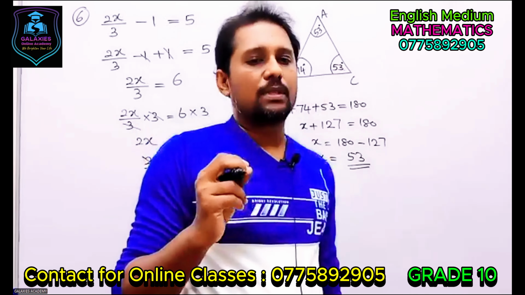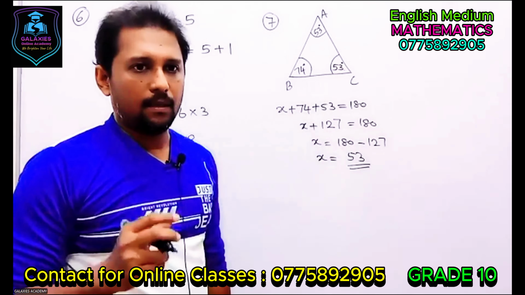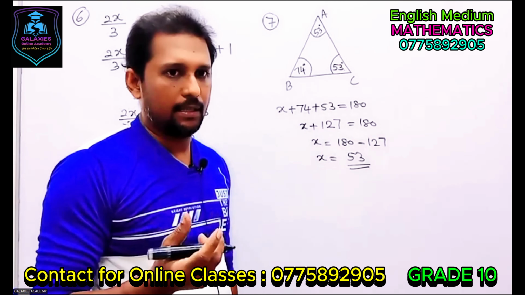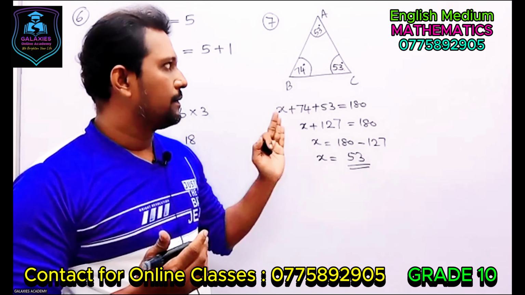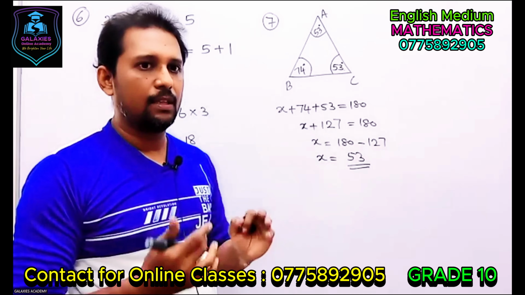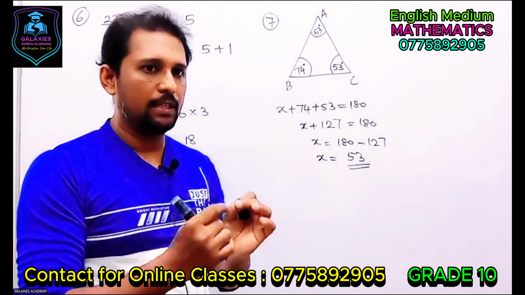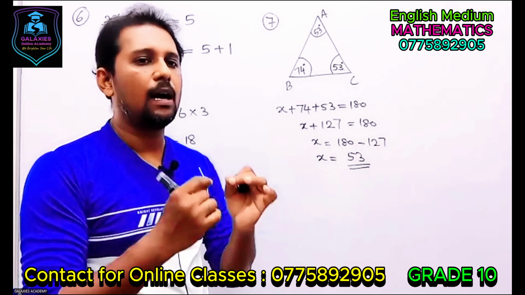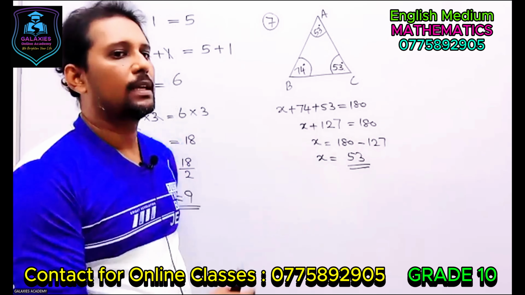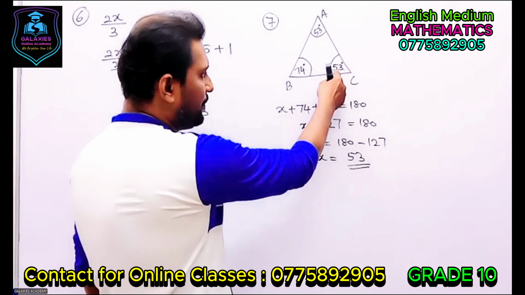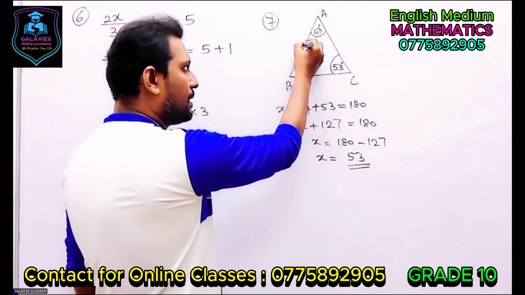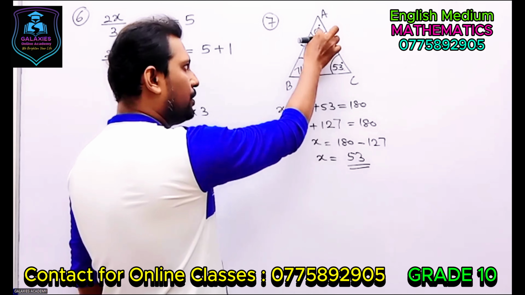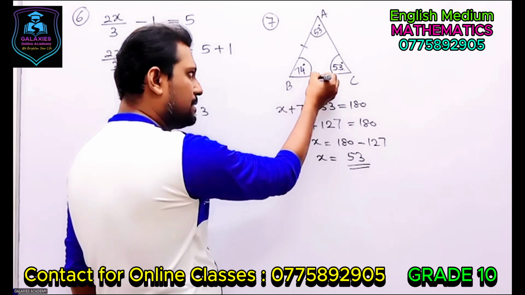Then also you studied in grade 10 another theorem related to triangles. If two angles of a triangle are equal, the opposite sides of the equal angles are also equal. What are the opposite sides? This 53 opposite side is AB and this 53 opposite side is BC, right?